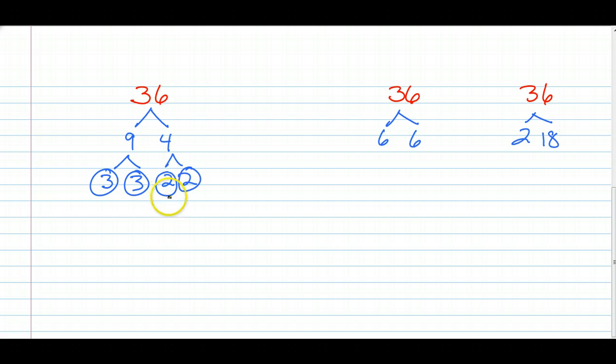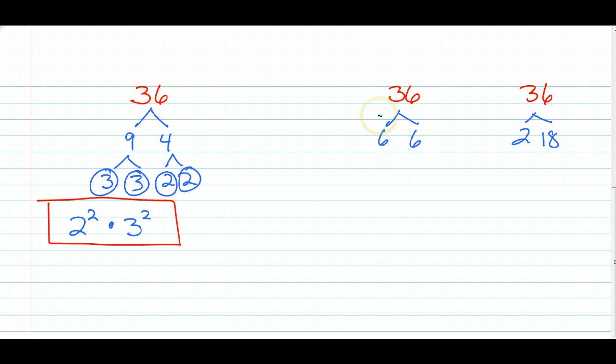So we're going to start with the 2. How many 2's do we have? We have 2. So 2 to the second power, because there's 2 of them, times how many 3's? We have 2. 3 to the second power. So this is the answer, the prime factorization of 36.